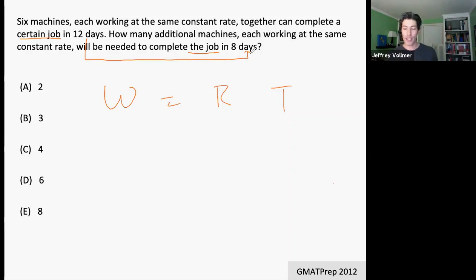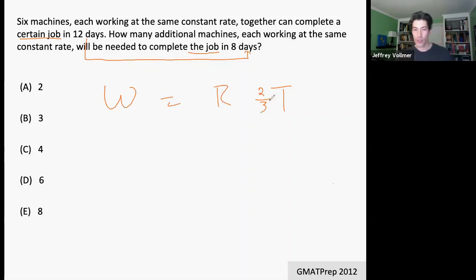The first thing is going from 12 days to 8 days is not 25% faster, right? I think going from 12 days to 9 days maybe would be 25% faster. But you're not taking only 3/4 of the time. You're taking actually 8 days instead of 12. So the time is changing by a factor of 2/3, okay?